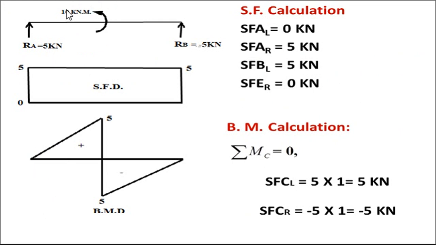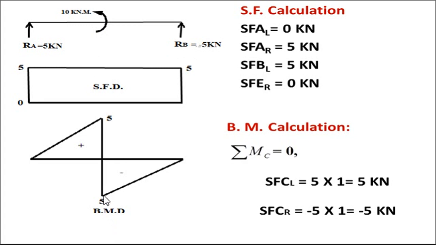Moment about the center: this RA is 5 into, the total span is 2 meter, which means up to the center it is 1. So 5 into 1, that is 5. From this side also it will be 5 into 1, you will get 5. And the total moment is 10 at the center.